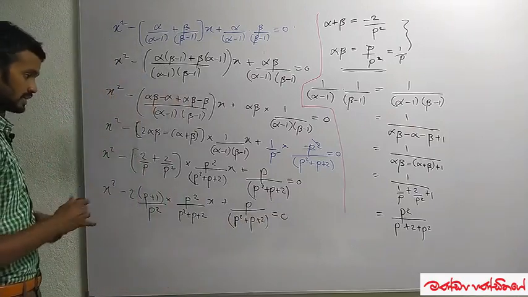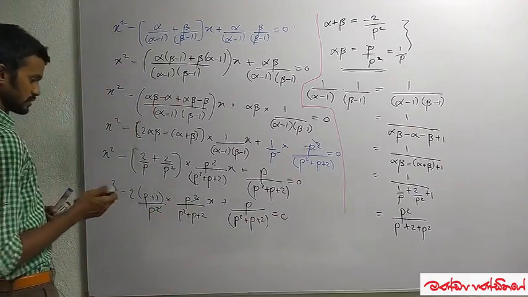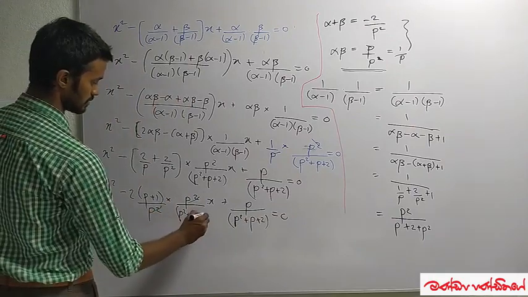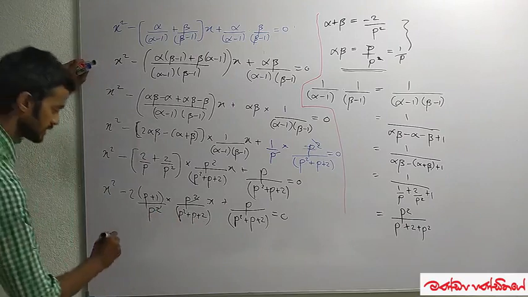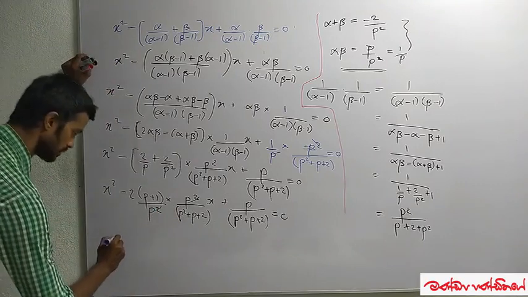And it is clear, this cancels off. And I'm multiplying both sides by p squared plus p plus 2. So I get the quadratic equation whose roots are alpha over alpha minus 1 and beta over beta minus 1.